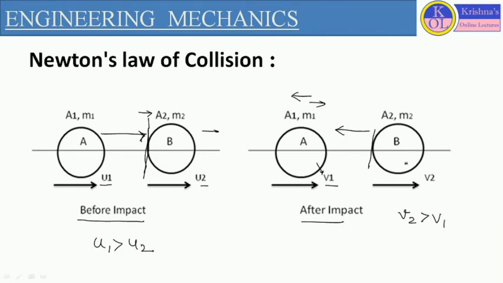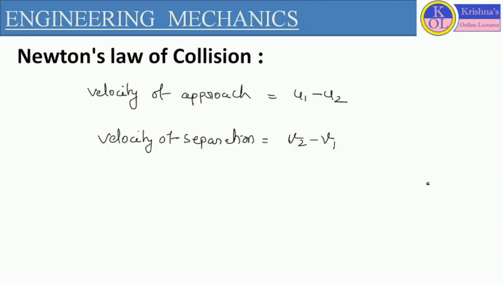In that case only will body B move away from body A, and the impact of body B on body A will decide the direction of body A. So v2 should be greater than v1, and only then do we consider separation. So the velocity of separation will be v2 minus v1.